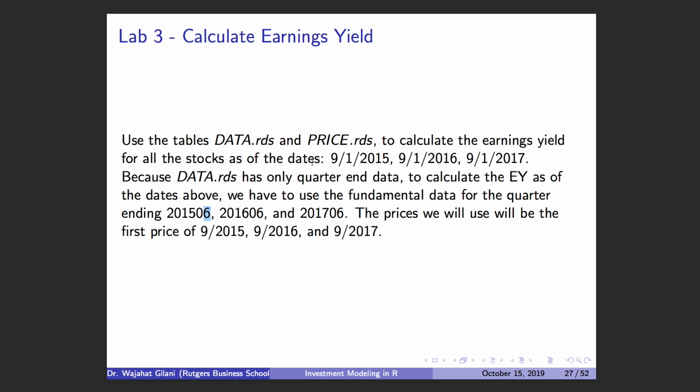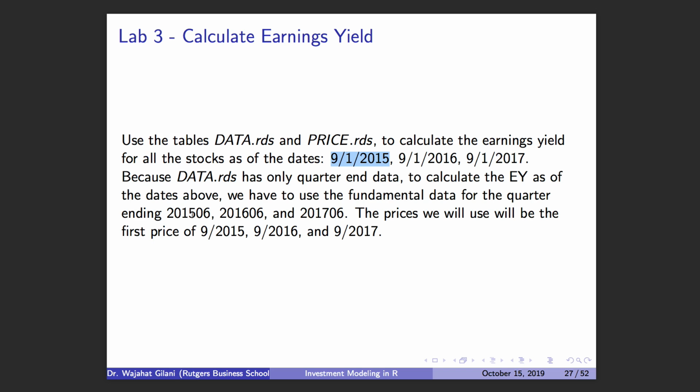If I'm calculating the earnings yield at the beginning of a month, September, I can't use data that has yet to be published as of the beginning of the month. The 2015-09 fundamental data won't be published till the end of the month. You cannot cheat and go forward in time by 30 days and use those numbers. You have to use whatever data is available at that point in time.